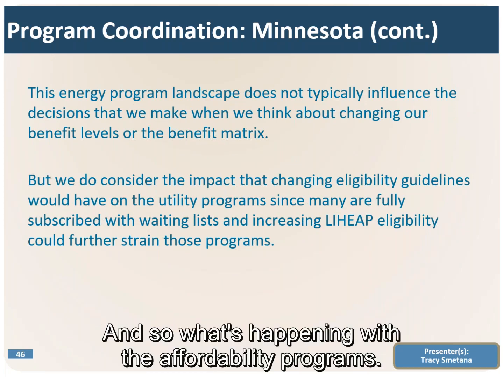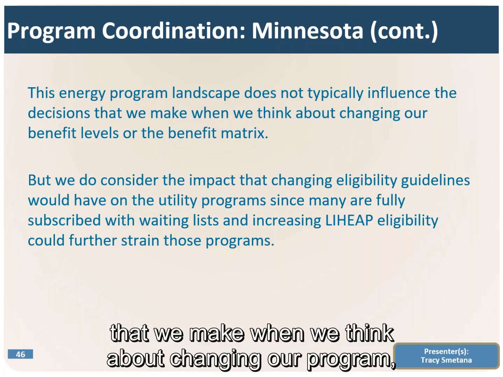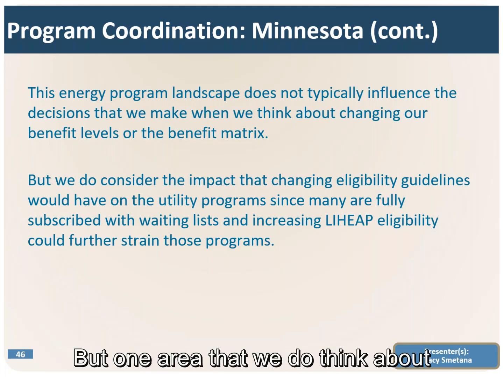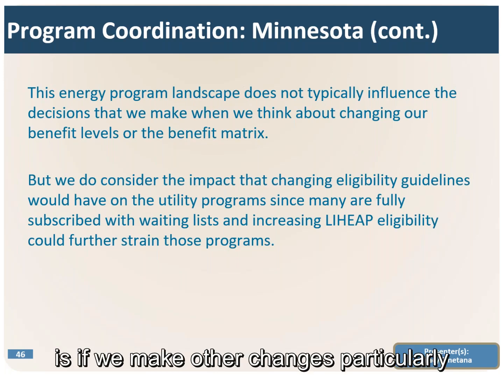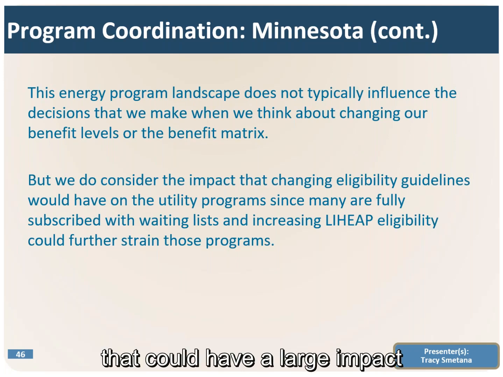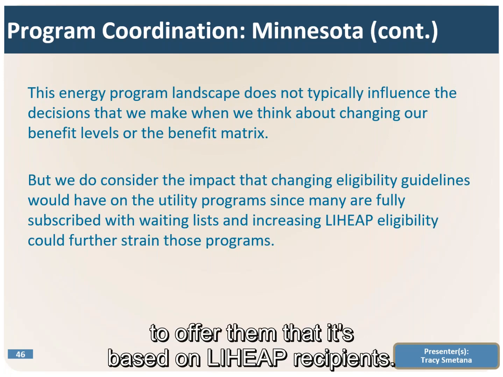What's happening with the affordability programs doesn't typically influence the decisions that we make when we think about changing our program, the benefit levels or the benefit matrix, those kinds of things. But one area that we do think about is if we make other changes, particularly to the income guidelines, where we might expand the pool of the eligible population, that could have a large impact on these affordability programs, because it is in statute for those that are required to offer them that it's based on LIHEAP recipients.